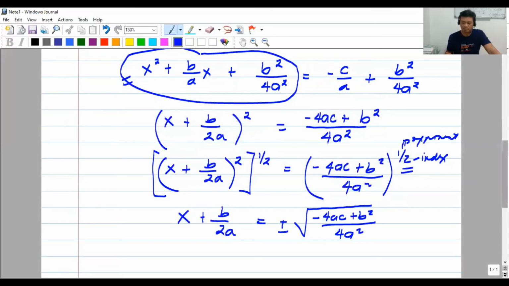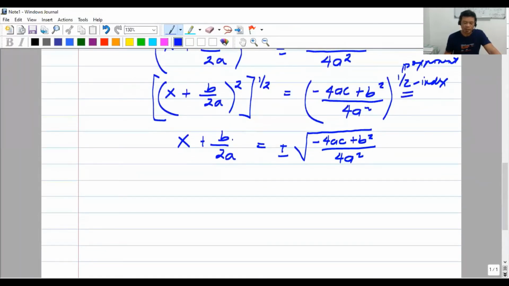Okay. Next. Again, we move this one to the other side, and in doing so, we have to change the sign of this into negative. So we have x is equal to negative b over 2a plus minus the square root of b squared.